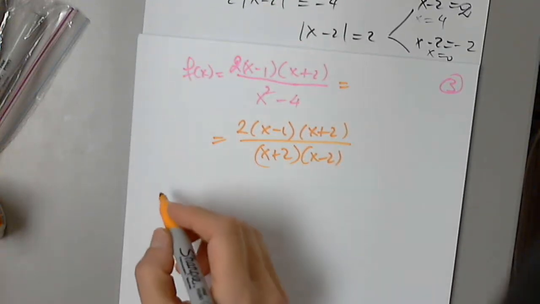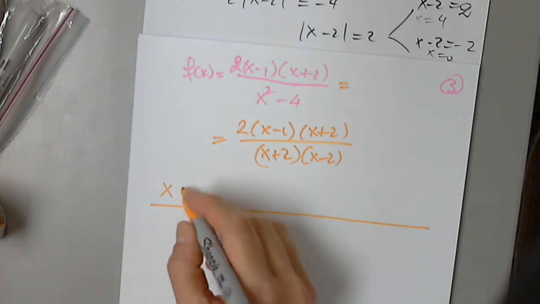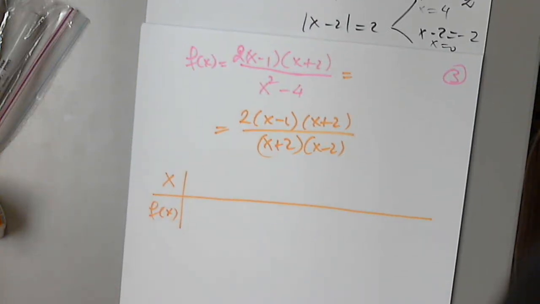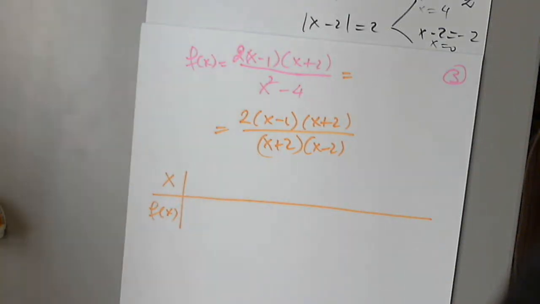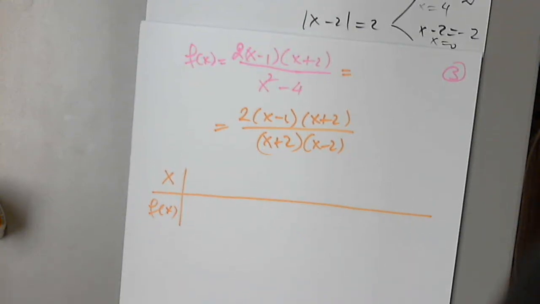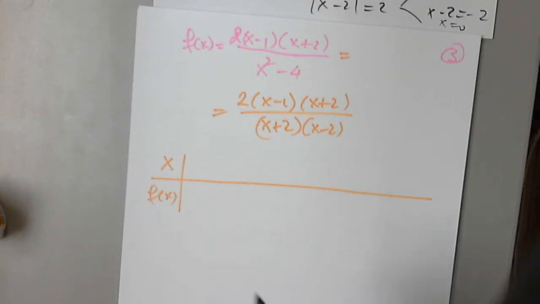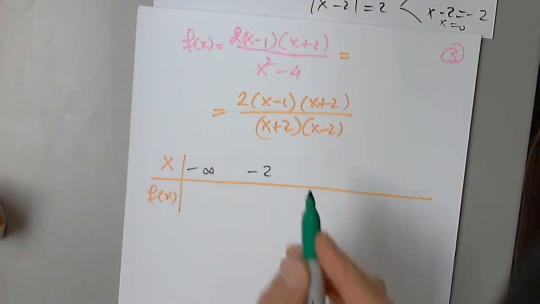We have to continue with the domain, as we know. What is the domain of this function? Can anyone help? The domain of this function. Negative infinity to negative 2.